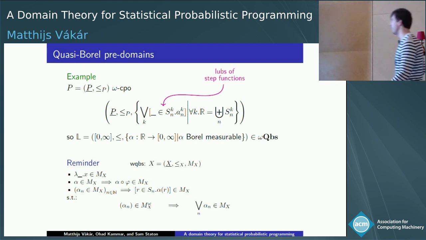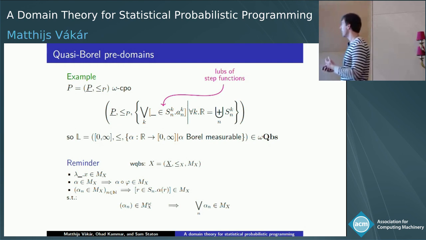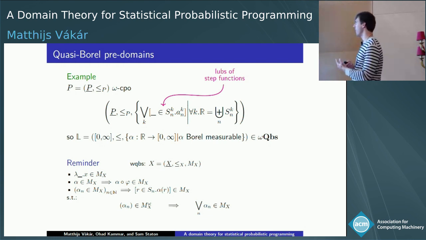Another example is if we start from an omega CPO, we can keep the order structure, and we can derive a set of random elements by taking measurable step functions and then taking suprema of omega chains. So in particular, if we start with the extended positive reals with their linear order, then because of the approximation by simple functions result in measure theory, the random elements just become the ordinary measurable functions.